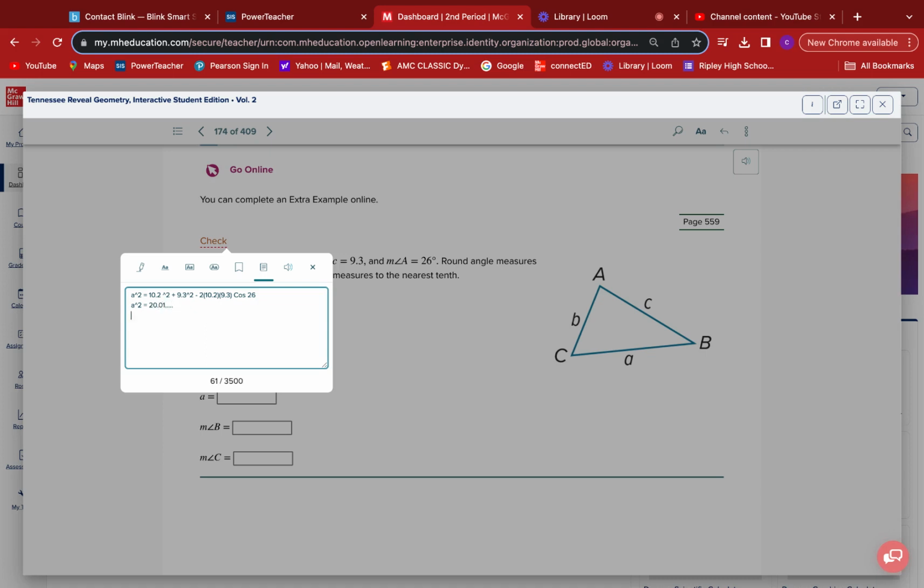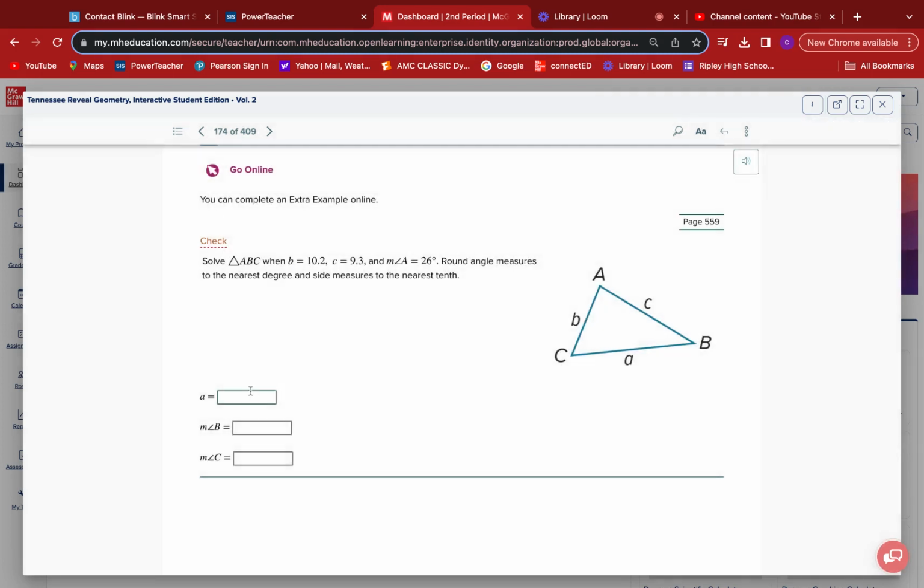The opposite of squaring is a square root. So square root that number you have, looking at your calculator, and you're going to get about 4.7, and they want me to round to the nearest tenth, so the 7 makes the 4 go to a 5. So your side is about 4.5.